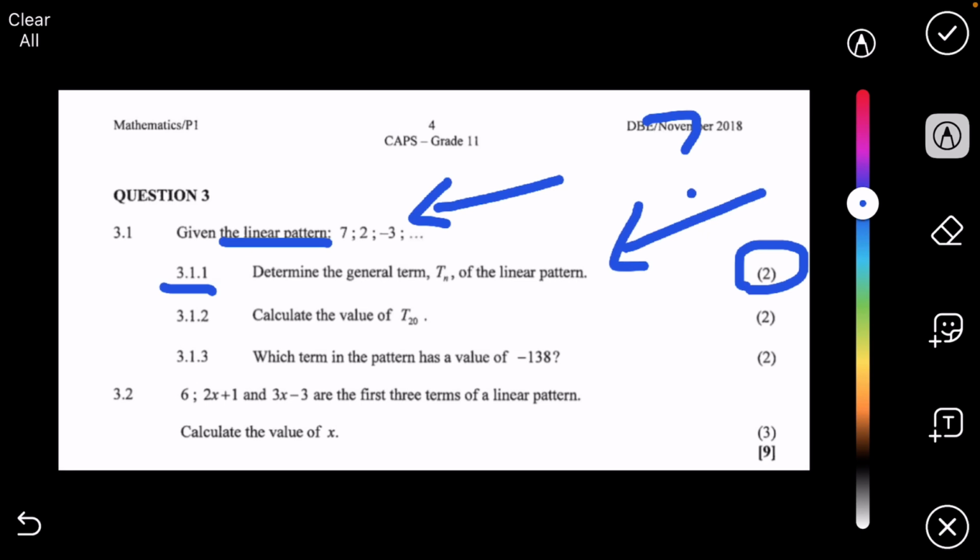I'm referring to that word or those words which, when removed from the question, will make the question not make sense. For example, they say determine the general term Tn of the linear pattern.